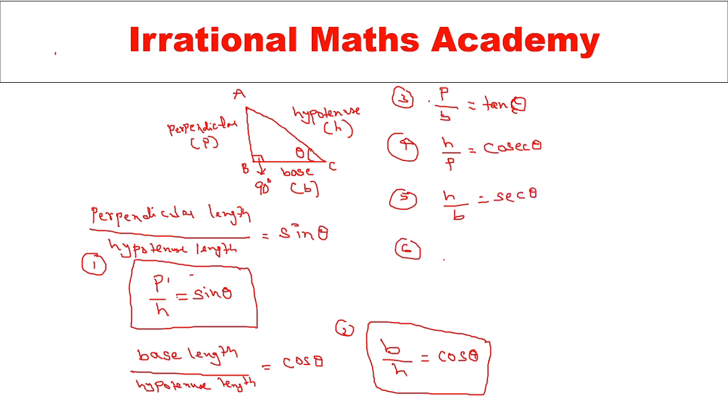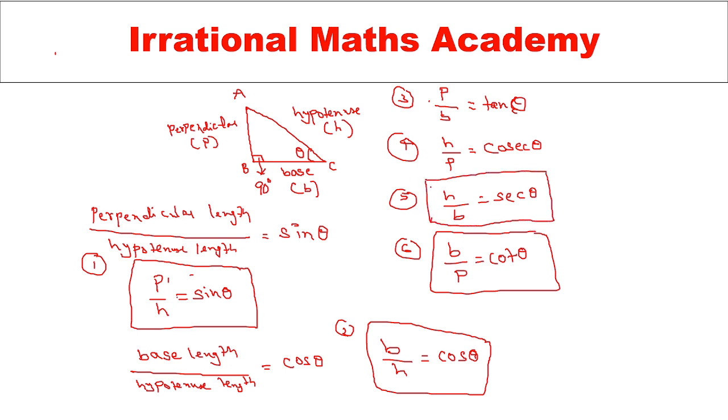Sixth ratio is base length by perpendicular length, we call it cot theta. So these are the 6 important ratios you need to remember. Very, very important. If you can remember this, half of your work is done in the trigonometry chapter.